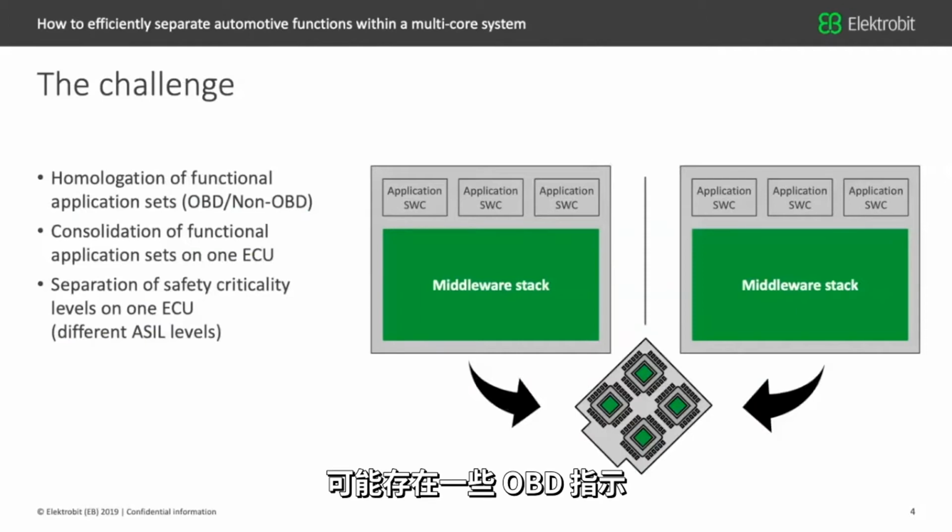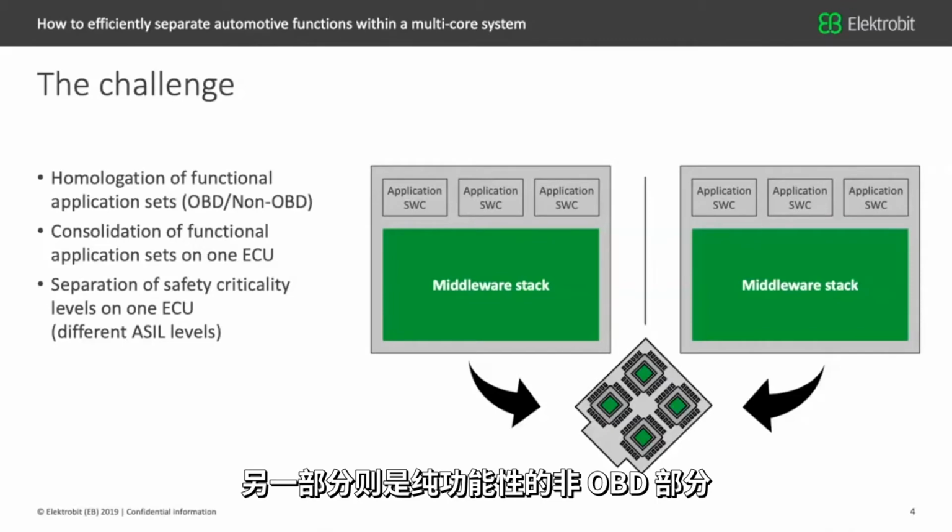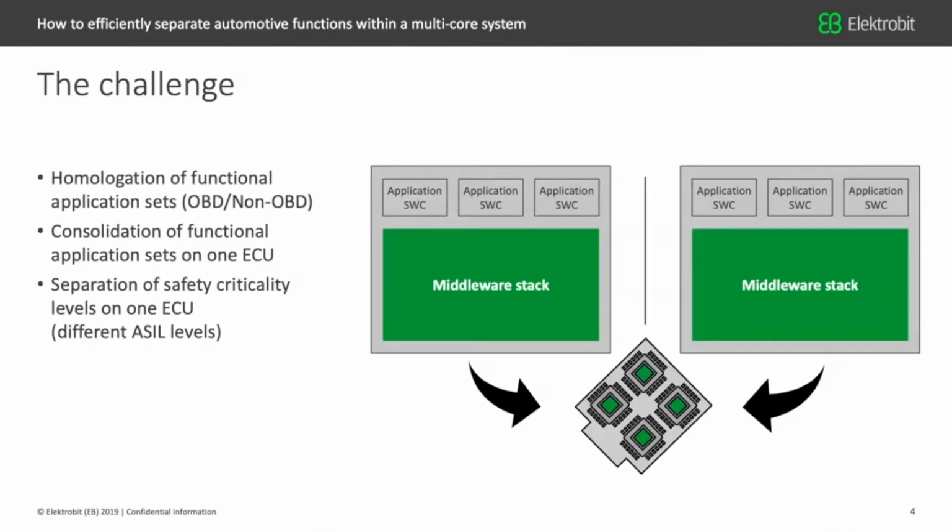It might be that there are some OBD implications, meaning one part of the software is relevant for OBD legislative requirements, and the other part is a pure functional non-OBD part, which needs to be put together into one box.